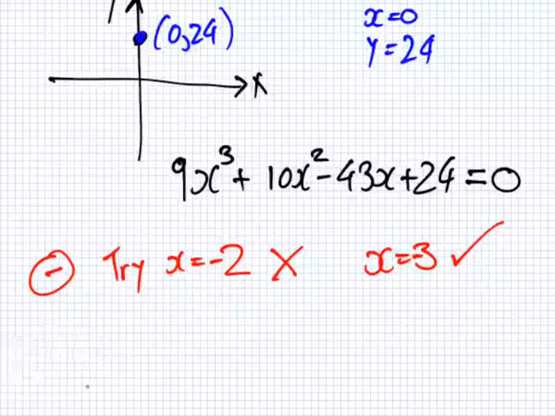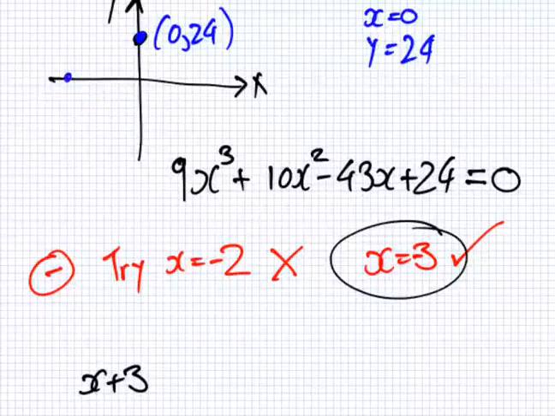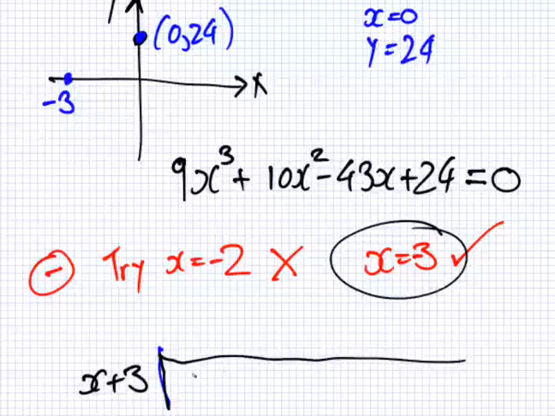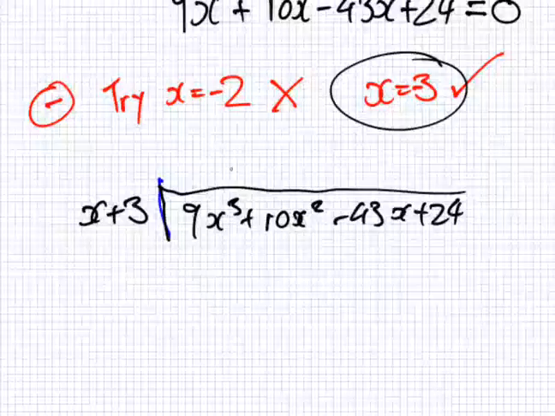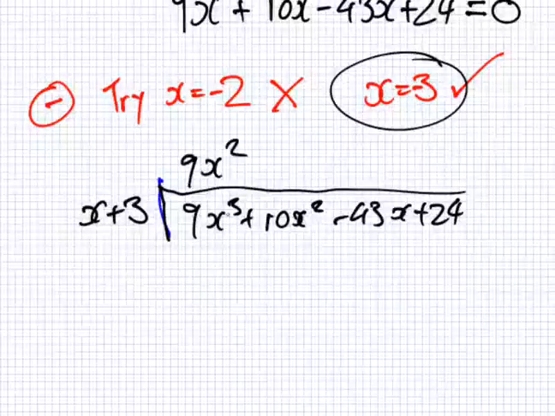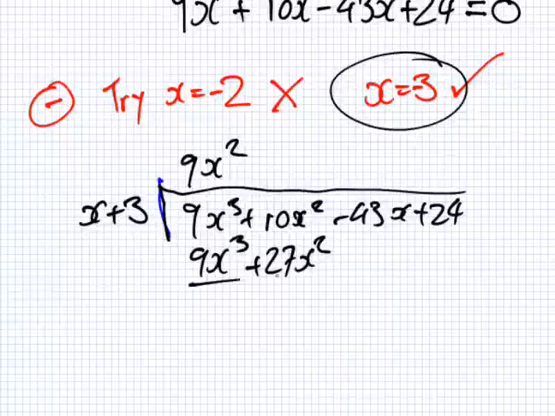Okay, let's try x equals -2 first. 9 times (-2) cubed plus 10 times (-2) squared minus 43 times (-2) plus 24. No, it's way off. We'll go back to -1. Oh, it was -3. Oh, right, okay. -3. Are you sure? Yeah. You checked 3, okay.